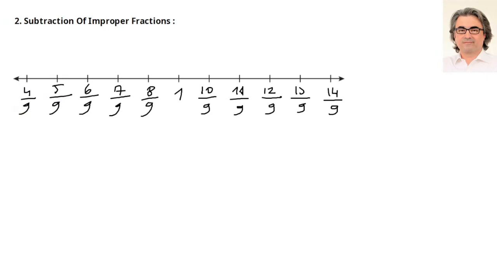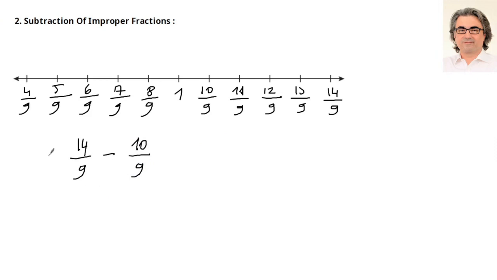Now let's write my subtraction operation. 14 over 9 minus, this is an improper fraction as you see, minus 10 over 9.